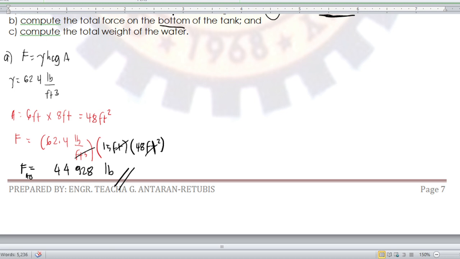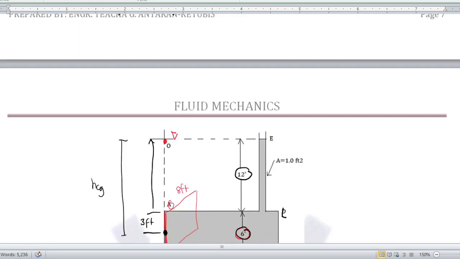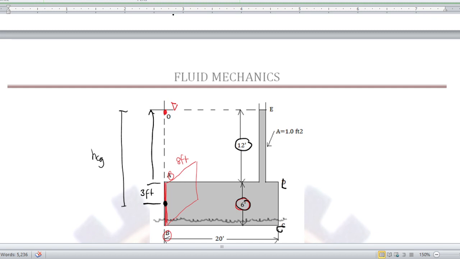Okay, let us go back to our figure. Where is the bottom part of this tank? This one. So obviously, the bottom is this one here. If you complete the three-dimensional figure of this tank here, it will look like this.